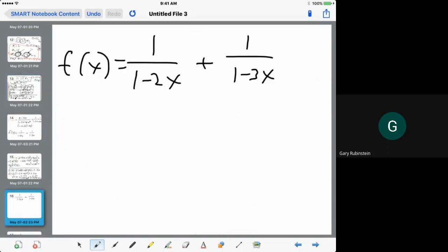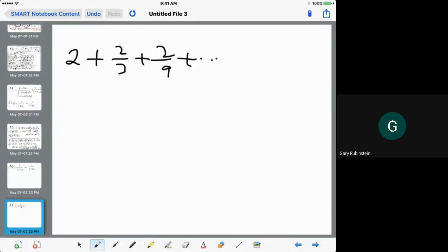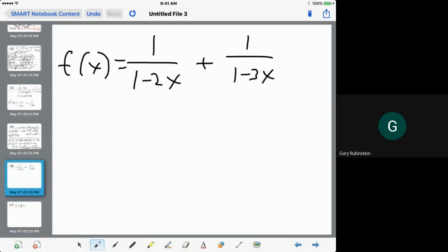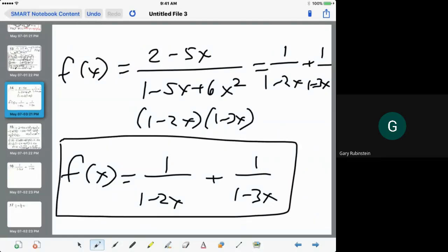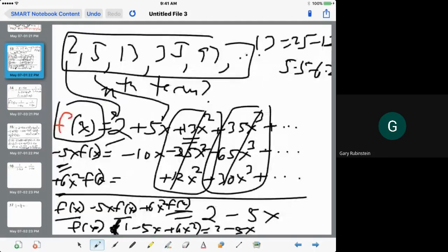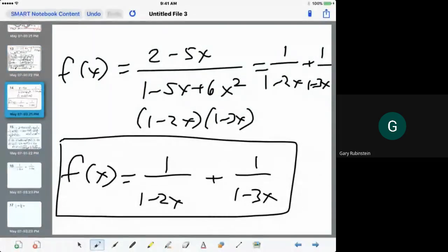And this thing really does not look so much more useful in finding the coefficient of the x to the 5th term or something like that. It actually seemed like we were in better shape over here. But there's one more trick coming.